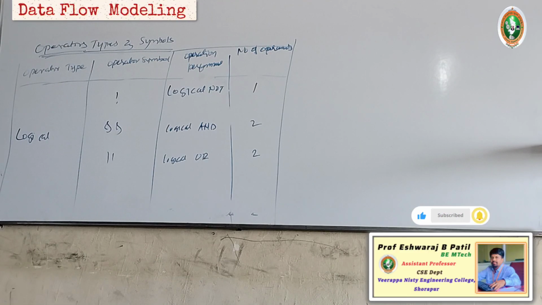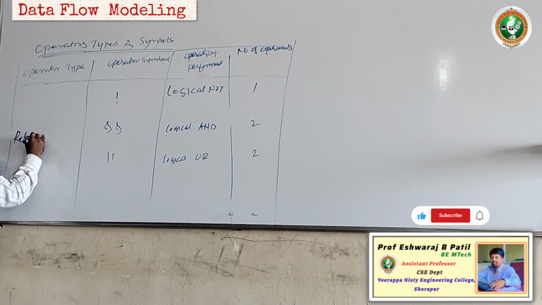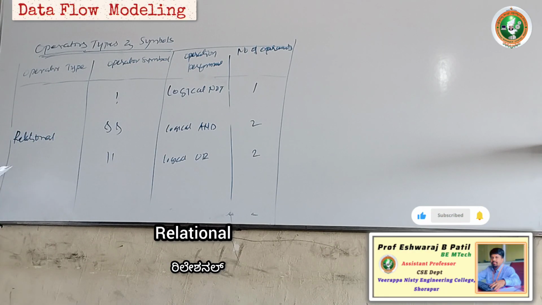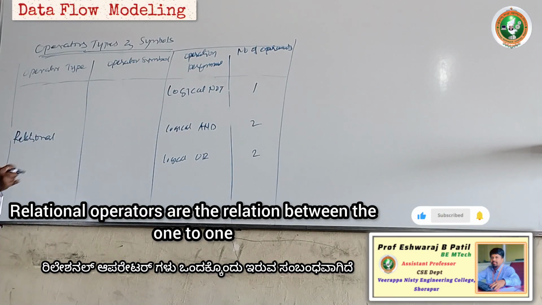Like this, you copy this one first, then I'll go with the relational operators. Just copy those. Relational operators are nothing but the relation between one and the other.